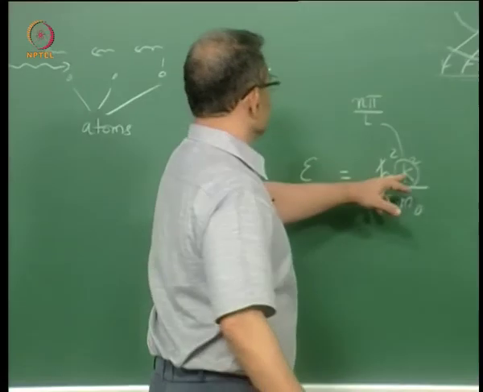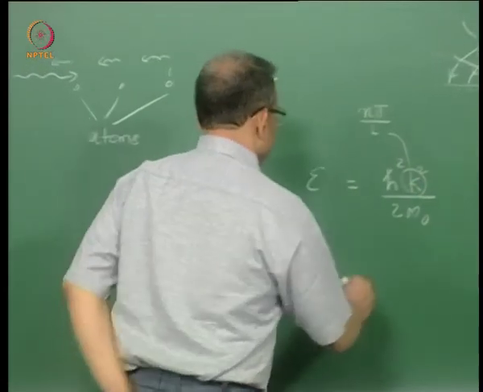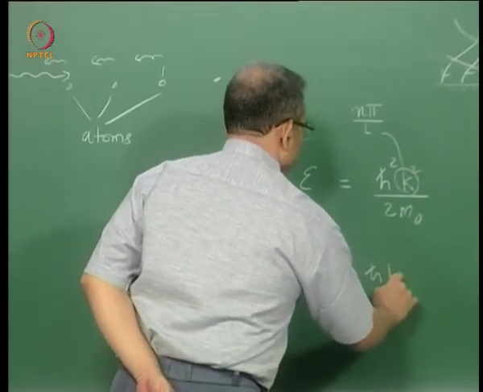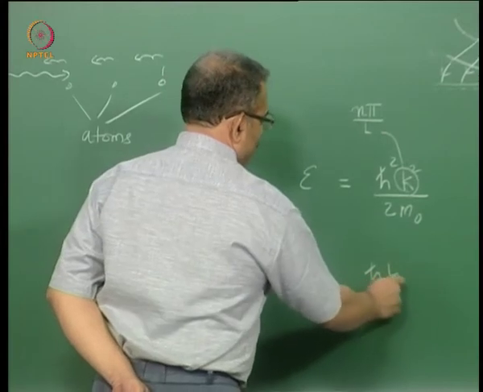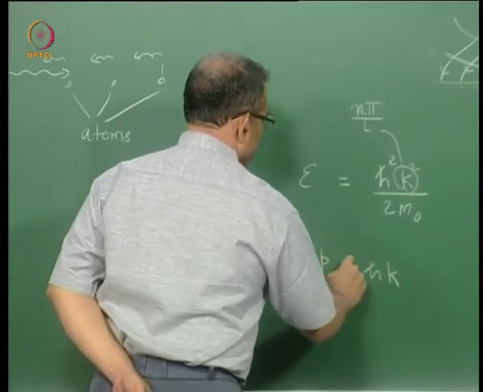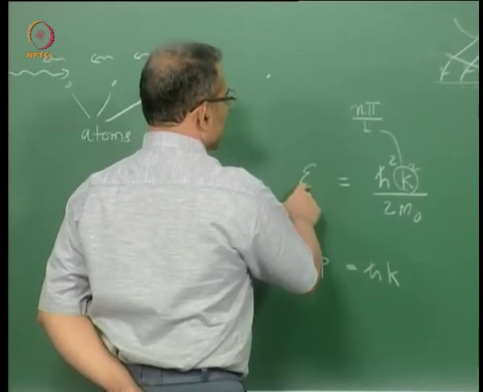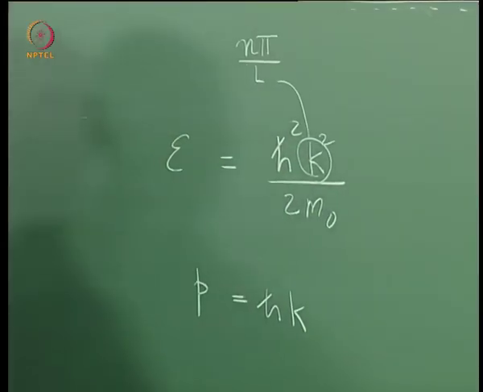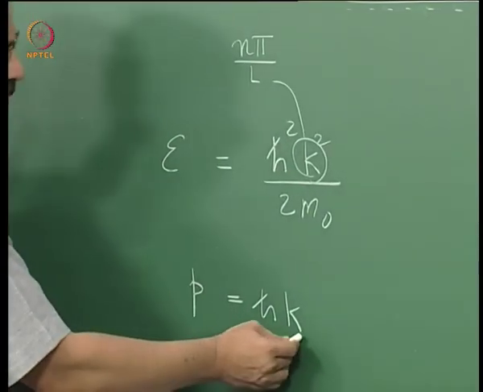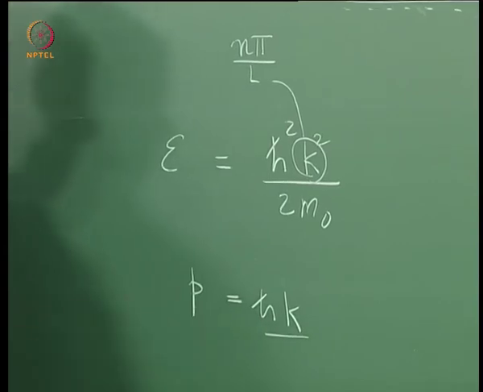So the quantity h cross K is like the momentum of the electron P, and therefore this can be regarded as energy momentum relationship. Okay, you can easily check that h cross K has the dimensions of momentum.